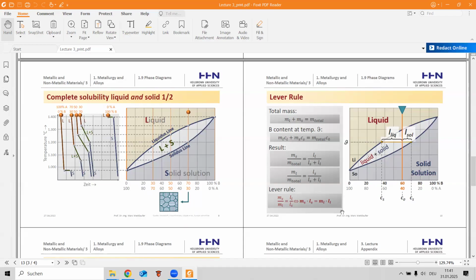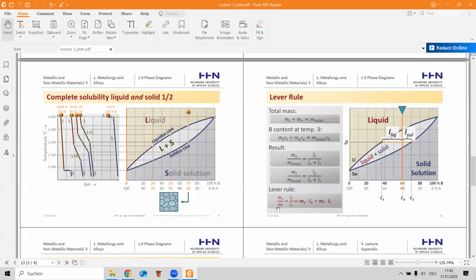We get the total mass times C0, the overall concentration. As a result, we get a formula: mass of solid divided by total mass is equal to the lever of liquid divided by lever of solid plus lever of liquid, and mass of liquid divided by total mass is equal to lever of solid divided by lever of solid plus lever of liquid.